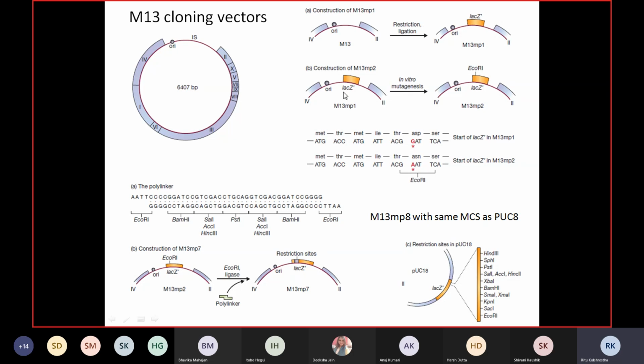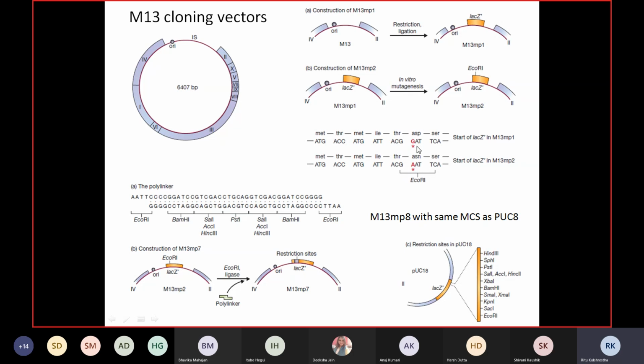In this case, when they were carefully looking at the sequence of the LacZ prime gene, they came across a site GGATTC. Then they got the idea that if we convert G to A, we can convert this particular stretch of DNA into the EcoRI site, because the EcoRI recognition site is GAATTC.